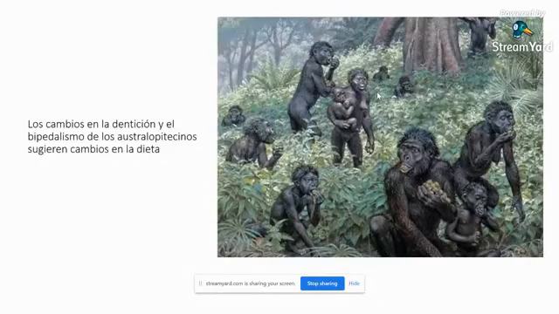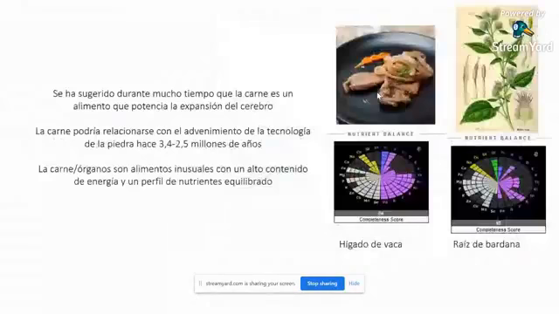And of course, people have looked at meat as a candidate because meat is a very unusual food, though it varies quite a lot depending on what kind of meat we're looking at, whether it's liver or brain or muscle tissue. But generally speaking, meats are a fairly balanced food that has quite a high nutritional completeness.